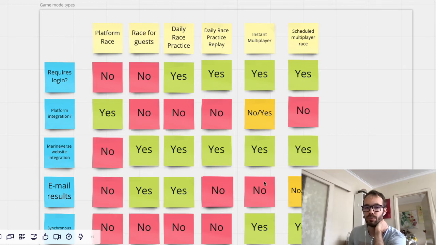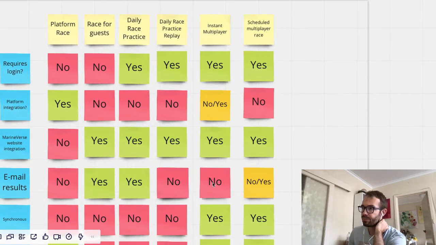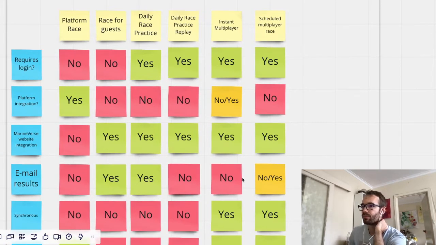And for multiplayer, there is currently no email, but we may add them in the future. We just need to develop further the whole concept of the results in multiplayer. And you're getting emails in scheduled races, mostly about the upcoming race and stuff like that.